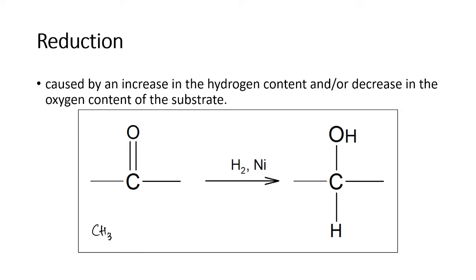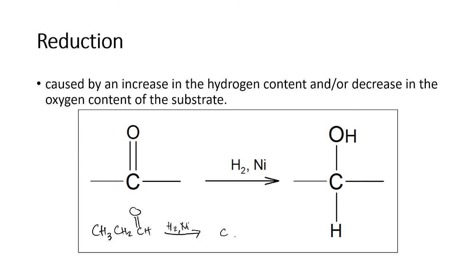So we have there CH3, CH2, and CH. If we introduce our propaldehyde to excess hydrogen and our metal here, which is nickel, we will actually produce what we call propanol.